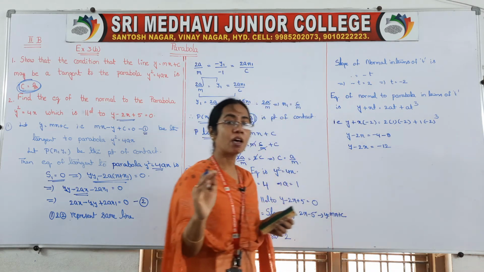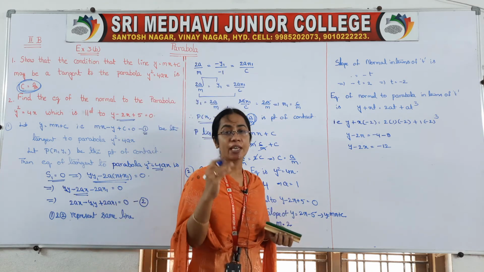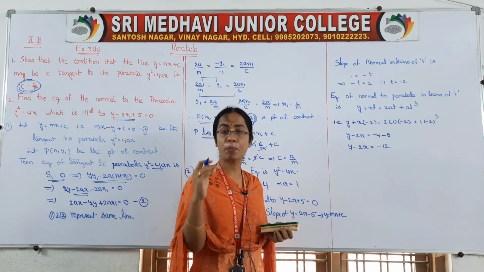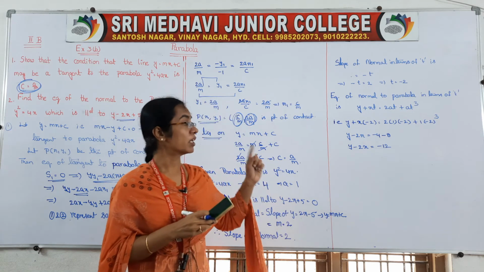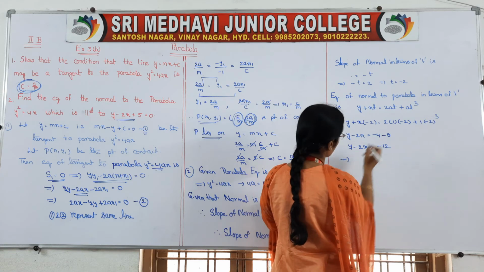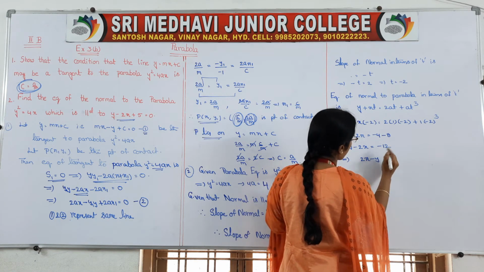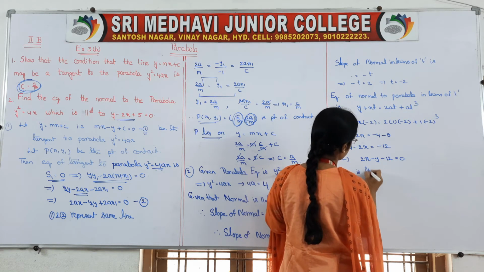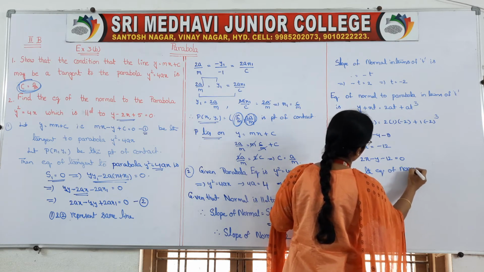What I said: the normal is again a line equation only. A line equation means x term, y term, constant term, and the first term, the x term, should be positive. That's why we send this term to the other side. If you send it that side, it is 2x minus y minus 12 is equal to 0, which is the equation of the normal.